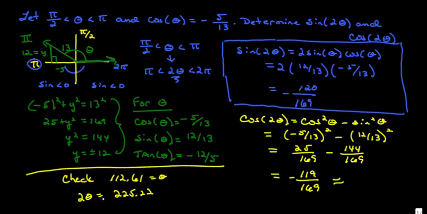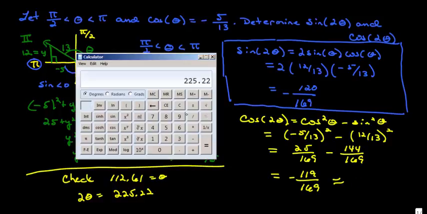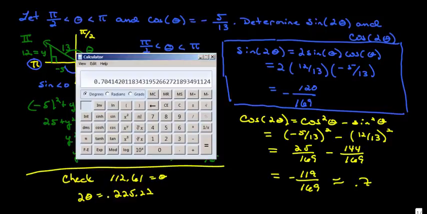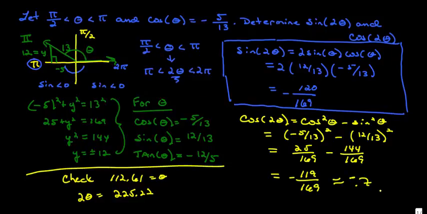Okay, so let's try that guy again. So we want to know what 119 divided by 169 is. And we get 0.7 roughly. And if we take 225.22 and we take the cosine of it, we also get that 0.7. Now notice that these are both negative because of this, but it does work out.